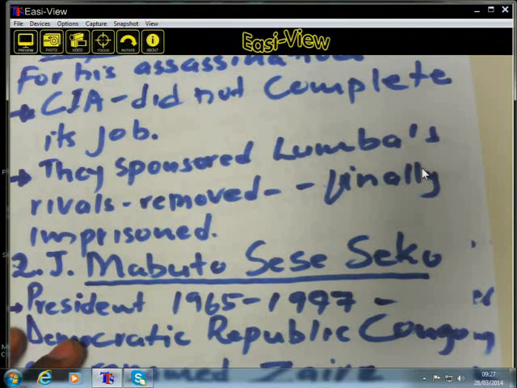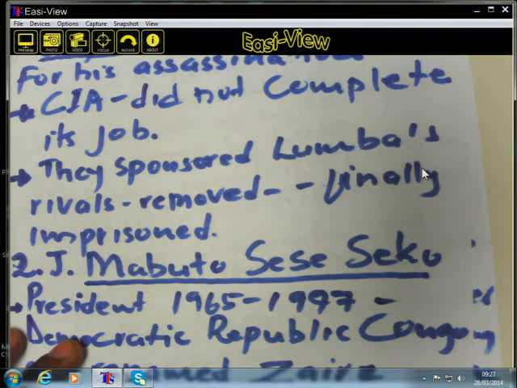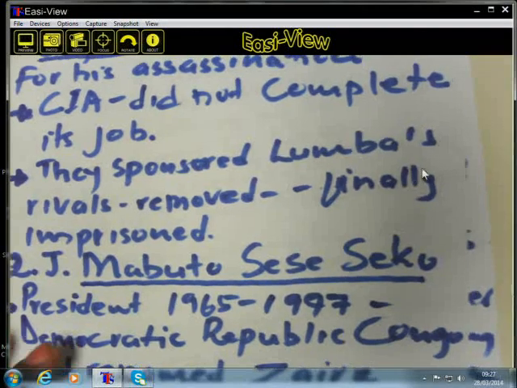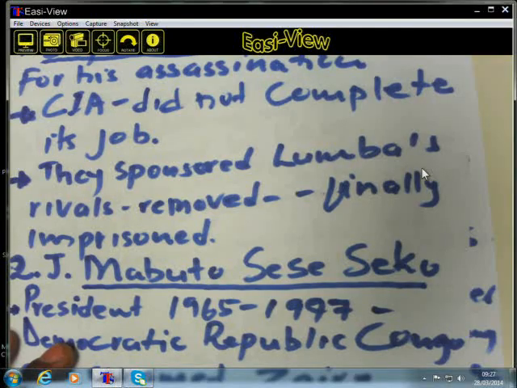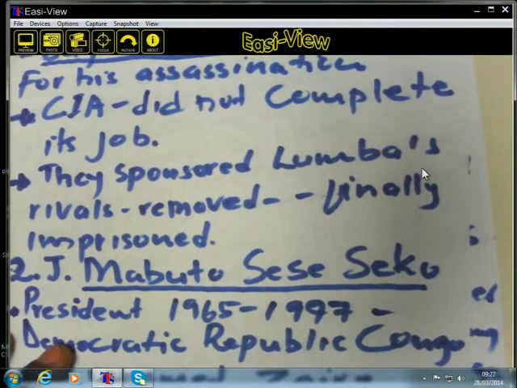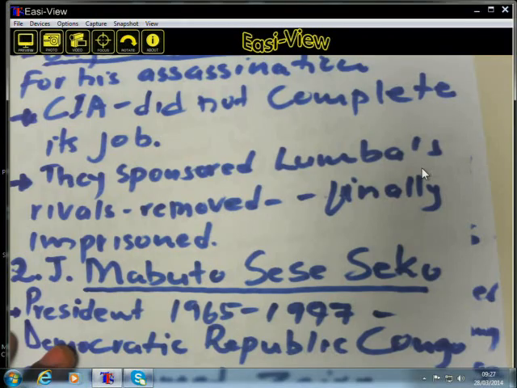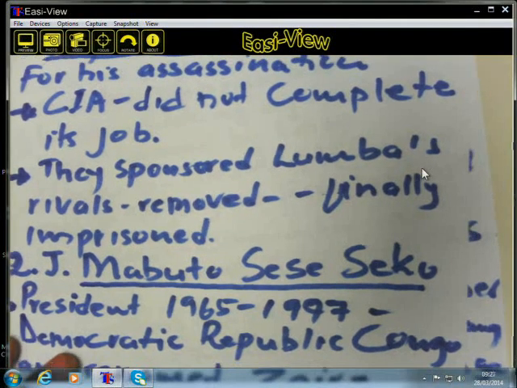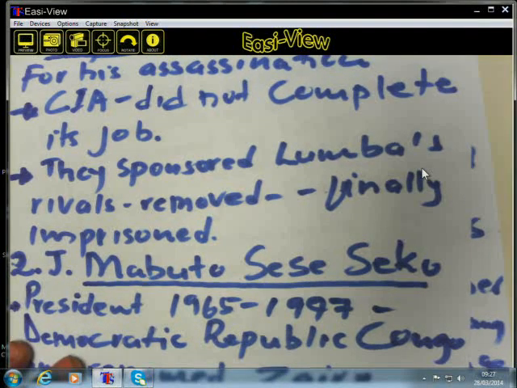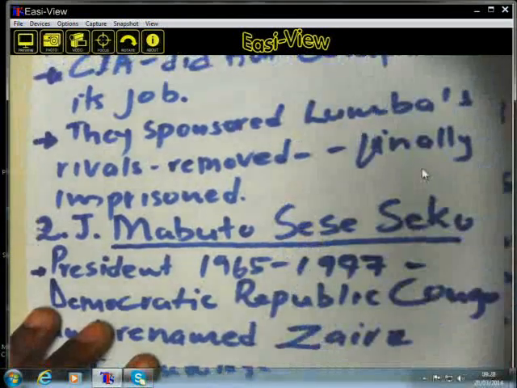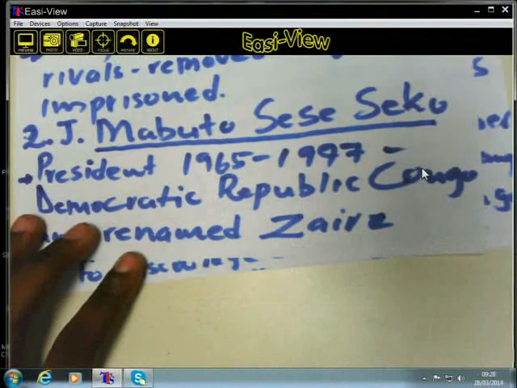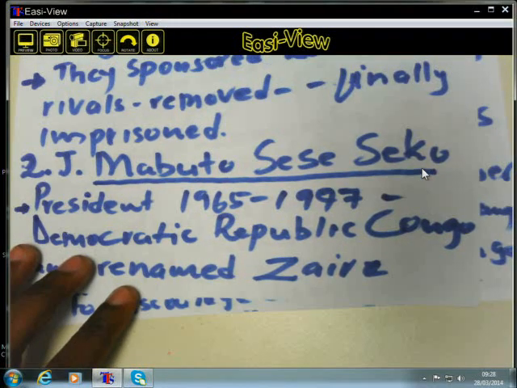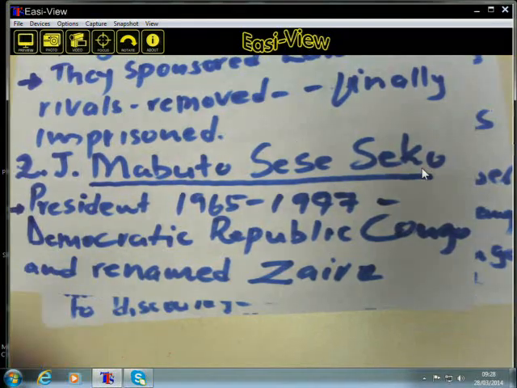What the West did as an alternative, which is the USA and Belgium, in trying to ensure that Patrice Lumumba is removed, they sponsored Lumumba's rivals. And finally, they got rid of Lumumba because he was imprisoned. He was finally imprisoned, Patrice Lumumba.